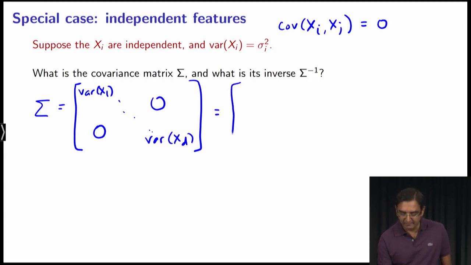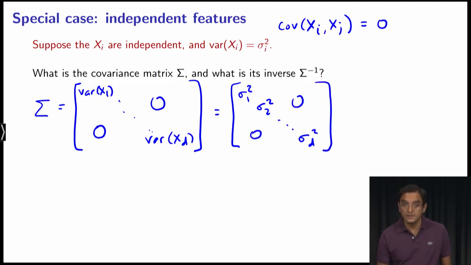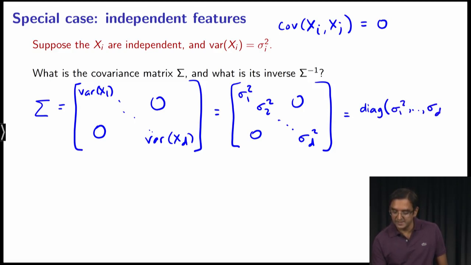And we can fill in the variances. The variance of x1 is sigma 1 squared, then we have sigma 2 squared, all the way to sigma d squared. A nice short form for this kind of matrix is just to say the diagonal matrix whose entries are sigma 1 squared all the way to sigma d squared.